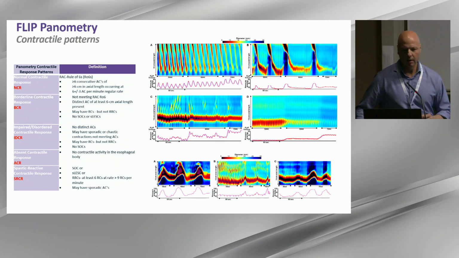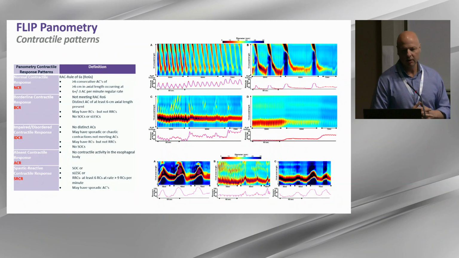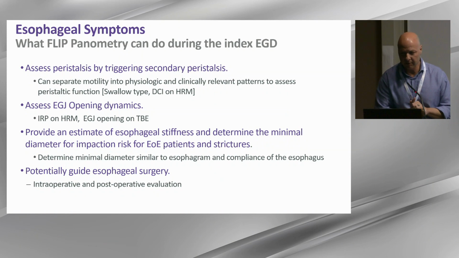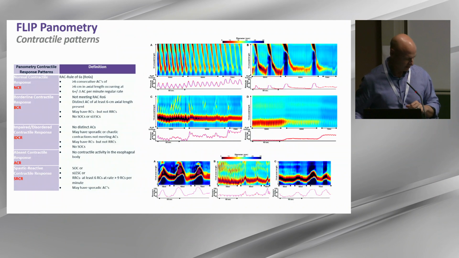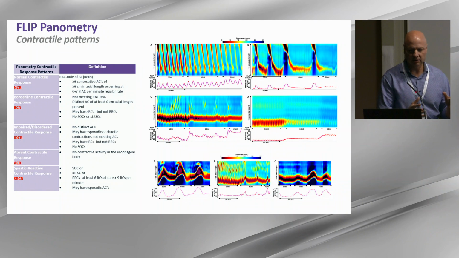It's okay. So in the top left up here, you see the RAC pattern. You see another pattern with some antegrade contractions that are borderline. And then you can see these patterns where there's no contractions.